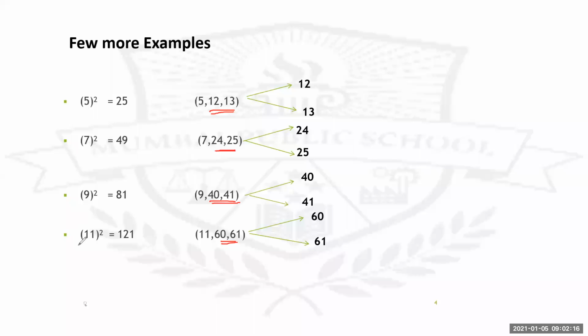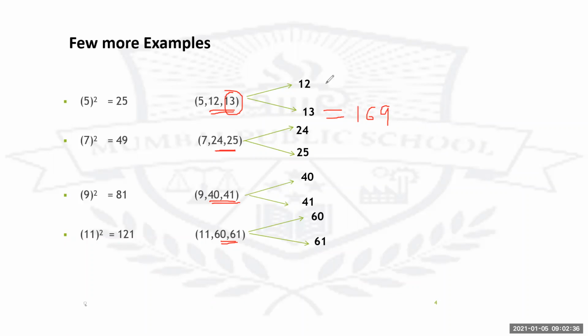See, here the questions would be based on these numbers only. So you just have to get familiar with these numbers. Now if you want to check this, see, the highest number is what? 13. The highest number is 13. So what is the square of 13? It's 169.